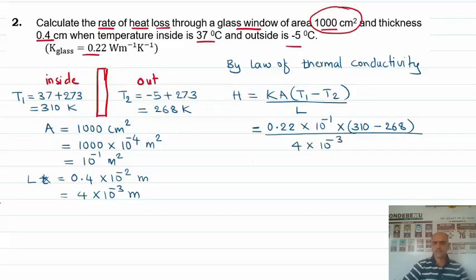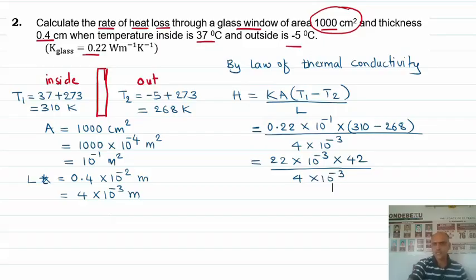I will simplify. Taking 0.22 to the points, I will write this as 22 into 10 raised to minus 3. 310 minus 268, you will get 42, divided by 4 into 10 raised to minus 3. So in the last step, you will have the answer.